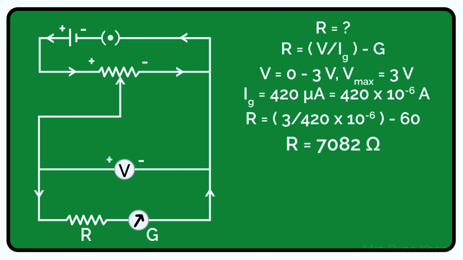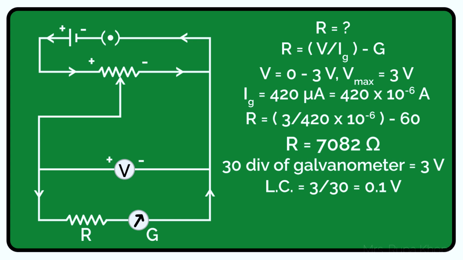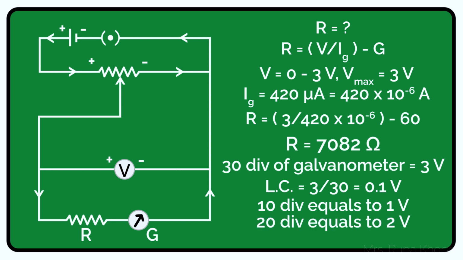So we observe that 30 divisions of the galvanometer equal 3 volts. So the least count is 3 upon 30, that is 0.1 volt. So 10 divisions will equal 1 volt, 20 divisions will equal 2 volts, 30 divisions will equal 3 volts. This is expected.